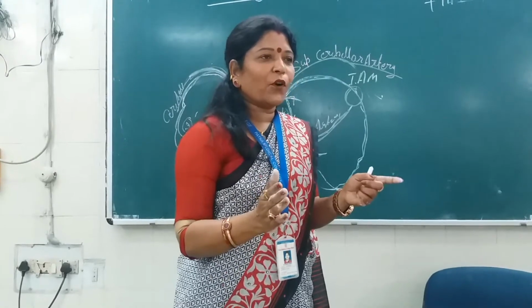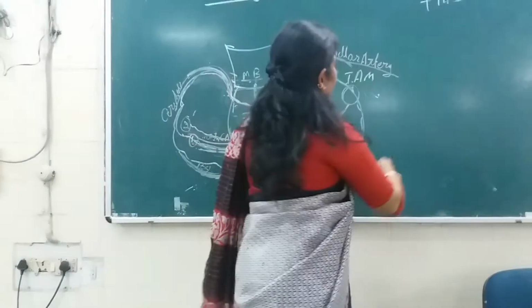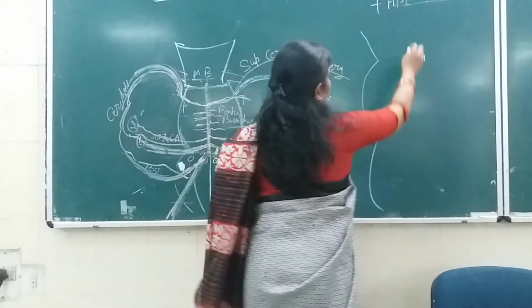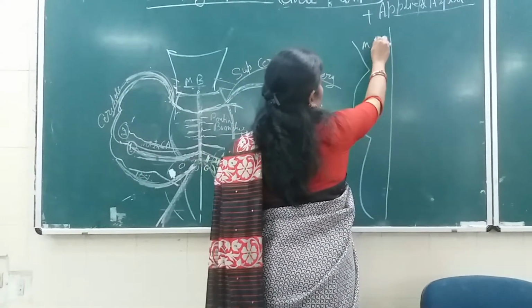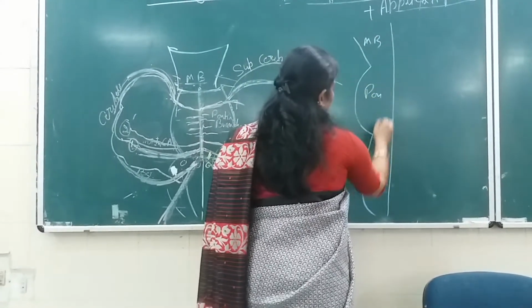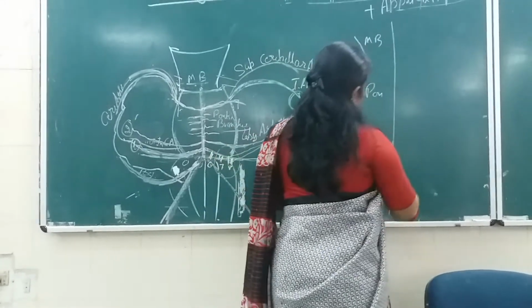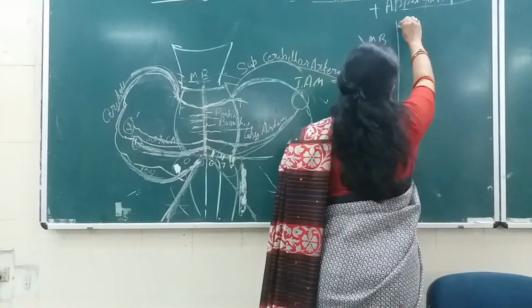Have you heard the name of the fourth ventricle? Yes or no? Look here. This is the sagittal section. This is the midbrain, this is the pons, and this is the medulla oblongata here. The posterior or dorsal aspect, what is there?